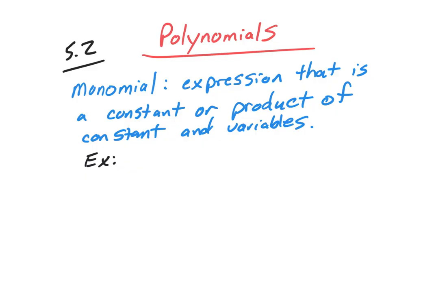If I say a constant, what are we talking about when we talk about a constant? If something is constant, what's that mean? Stays the same, right? So what's something in math that always stays the same? Doesn't change.